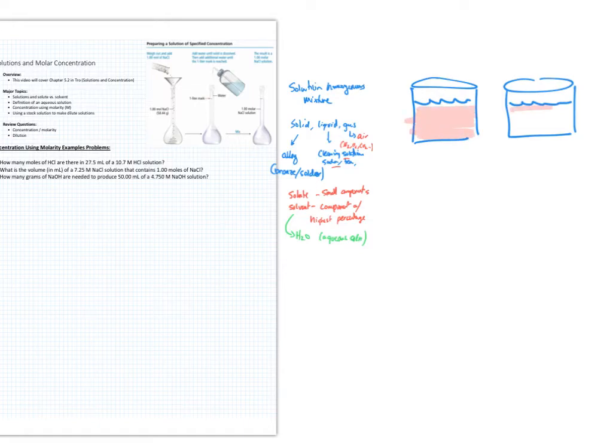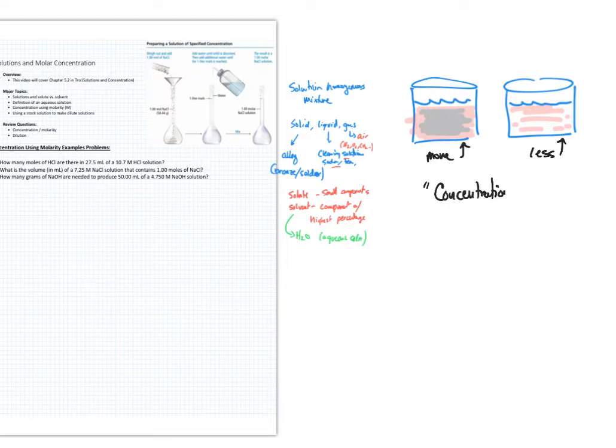Now I can't control the darkness of the red that I'm drawing, unfortunately. But let's just say I could darken this one up. So I have two different containers, and in one of these there's more food coloring, and there's less in this one. So we'd like a way to quantify that, and the way we do this is concentration.